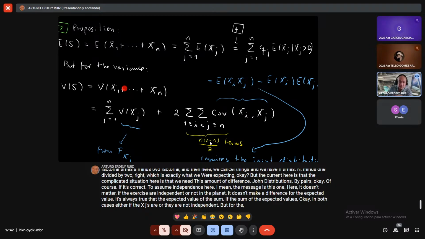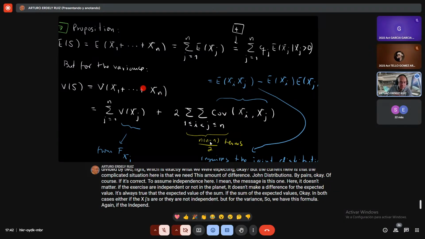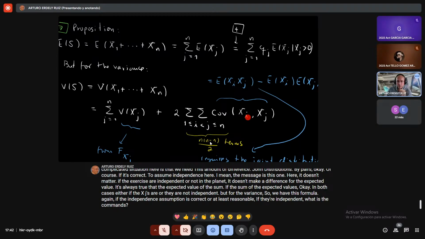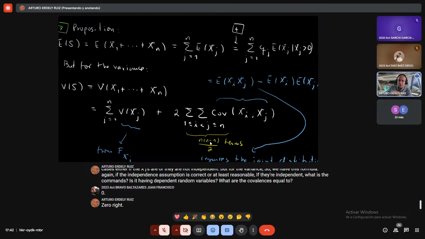But for the variance, since we have this formula, if the independence assumption is correct, or at least reasonable, if they are independent, what is the covariance? If you have independent random variables, what are the covariances equal to? 0. 0, right? Not the other way around, right? Remember that. Covariance equal to 0 does not imply independence.